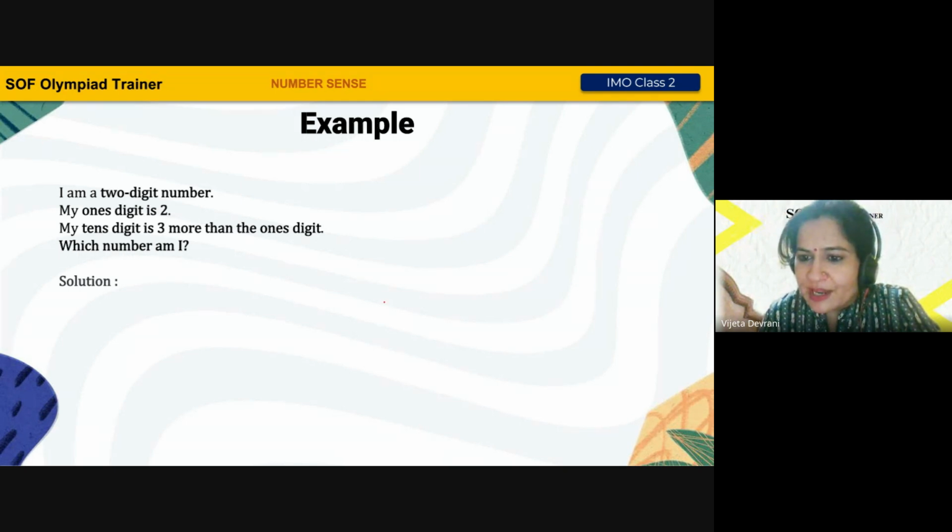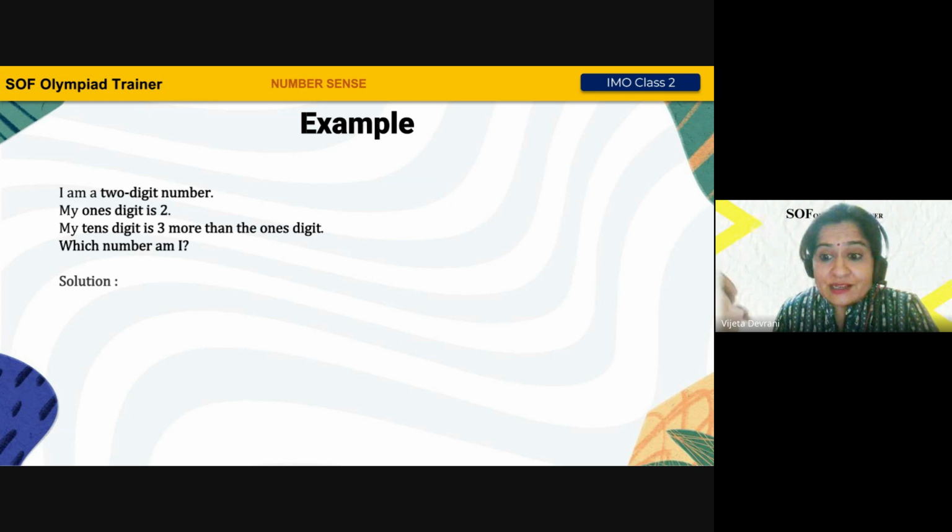Would you like to try? I'm giving you a minute to try. So I'm a 2-digit number. Read the question properly. The whole key to giving the correct answer is to read the question properly. It is a 2-digit number. The ones digit is given, and then something is given about the tens digit.